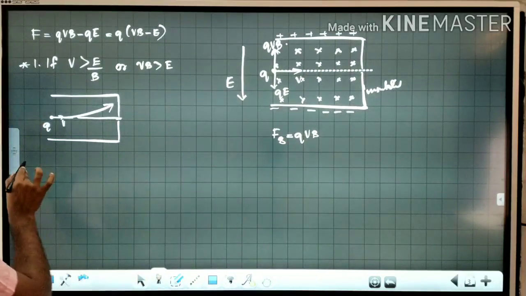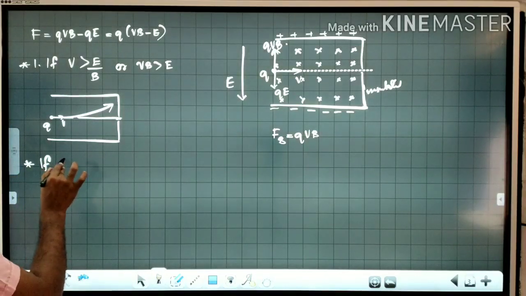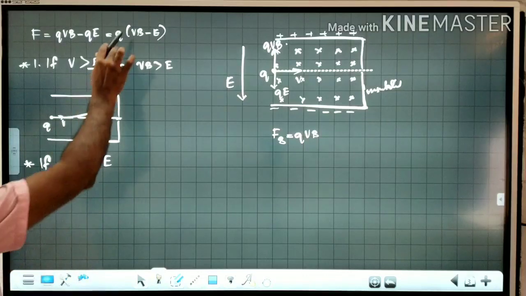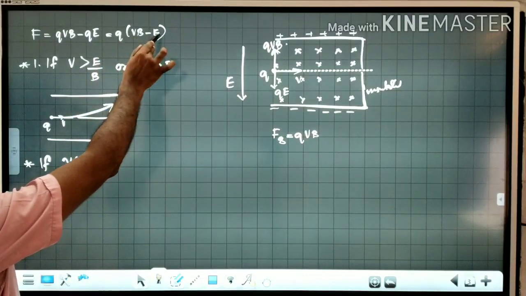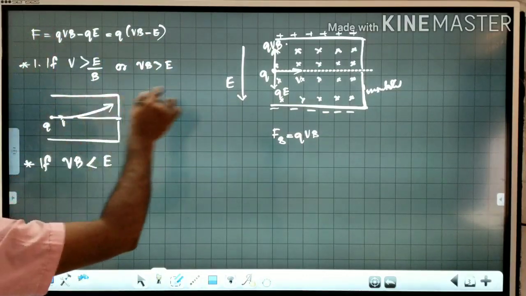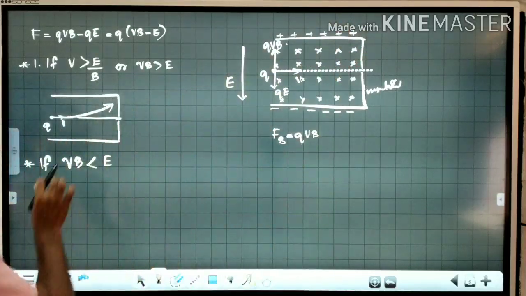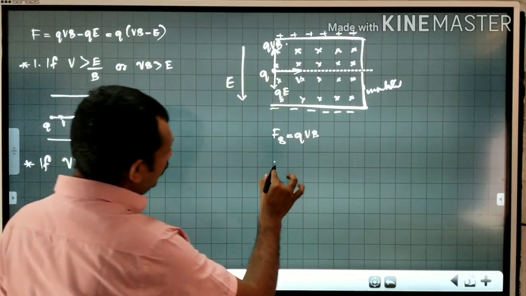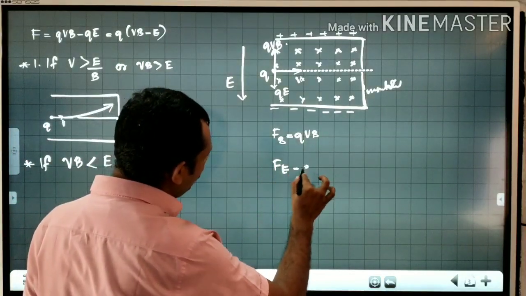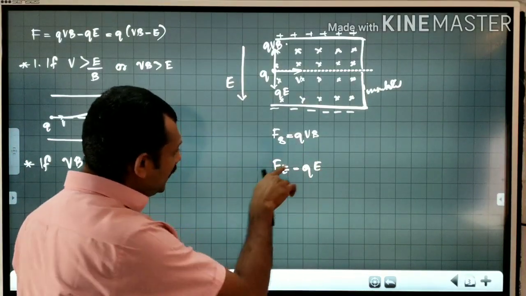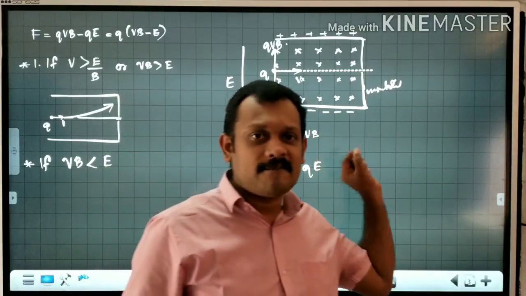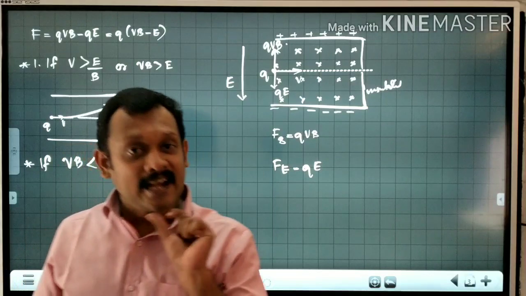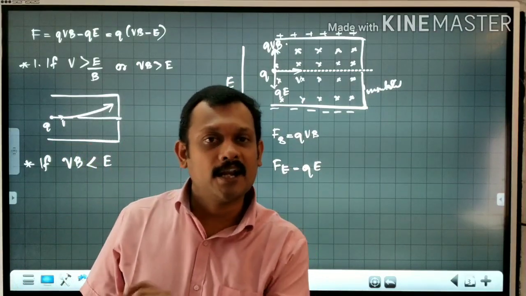Now the second case I am going to take is if VB is less than E. Here, when VB is greater than E, VB minus E is positive, the force is positive, so it will come upwards. In this case VB is less than E, so what does that mean? The value of the electric force is QE. So now the electric force is greater than the magnetic force, in this case electric force is greater than the magnetic force.